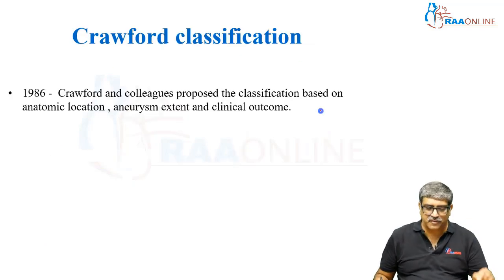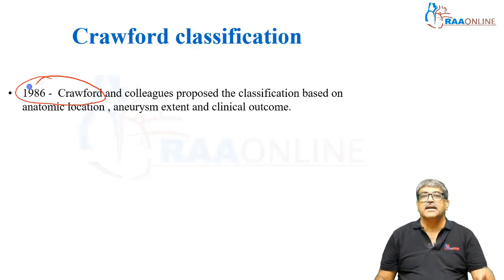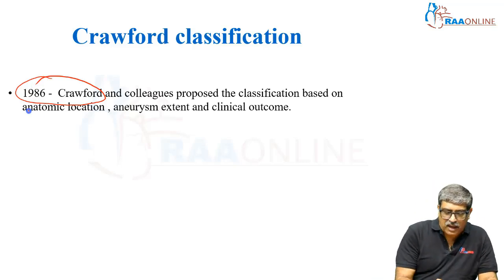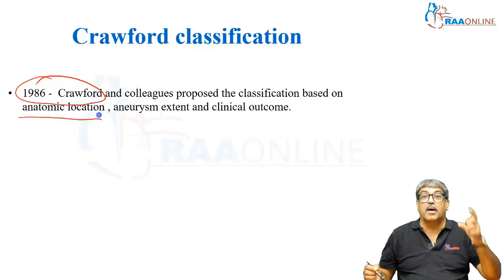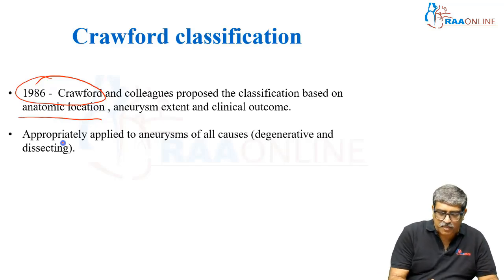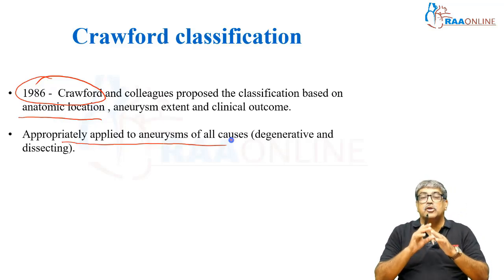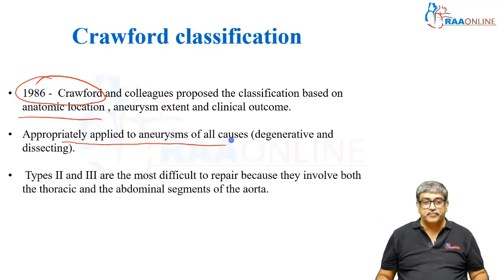This Crawford classification was first proposed by Crawford in 1986. The classification is based on the anatomical location of the aneurysm, the extent of the aneurysm and the clinical outcome. It is appropriately applied to aneurysm of all causes, be it degenerative or dissection.